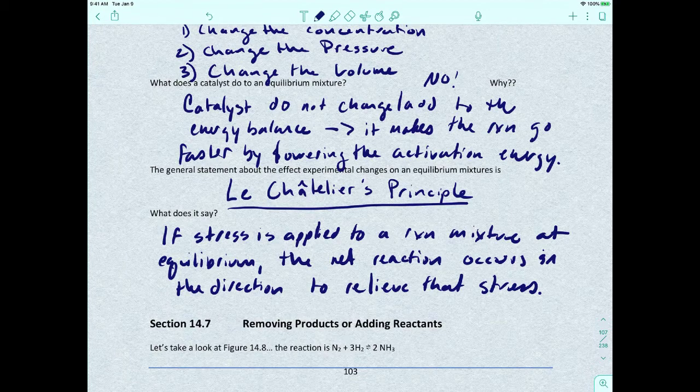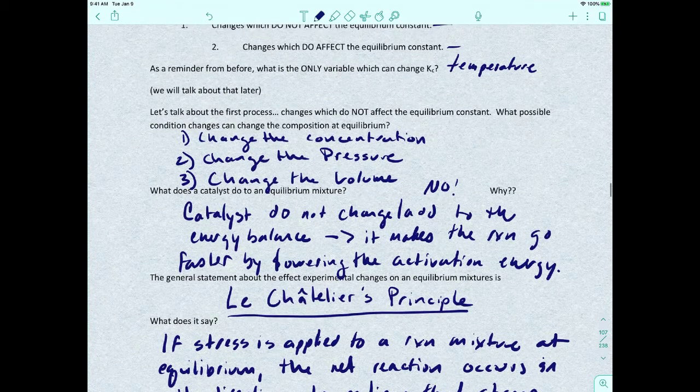So by changing the concentration, the pressure, or the volume, we apply some sort of stressor, and the chemical reaction finds a way to relieve that stress. What we're going to do for the rest of this video is look at situations and see how a chemical reaction relieves the stress placed on it.